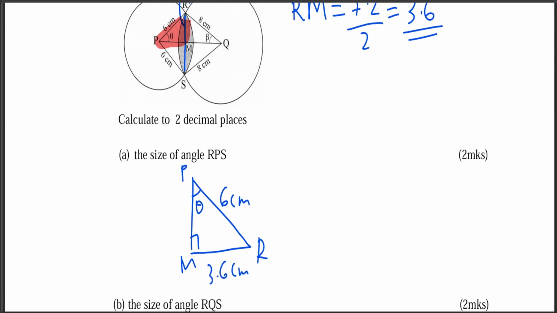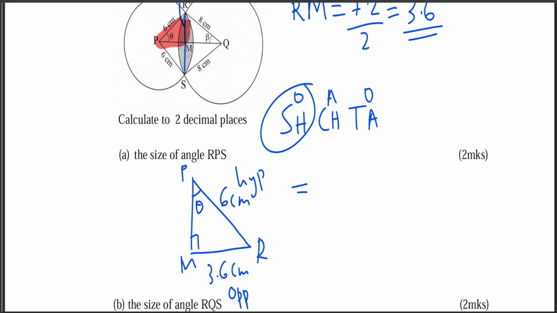So to get this angle we will obviously use sine. Looking at this angle carefully, this is the opposite and this is the hypotenuse, and since the opposite and the hypotenuse are given, you have to use sine. So say sin theta is equal to the opposite, which is 3.6, divided by the hypotenuse, which is 6.